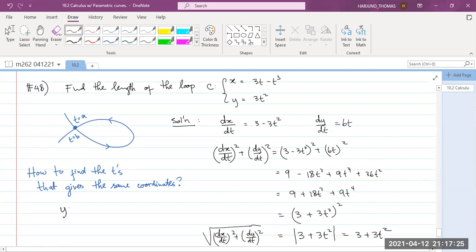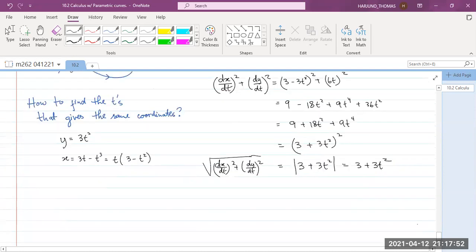So y equals 3t squared, that's an even function. For x, 3t minus t cubed, let me factor the t out. Okay, I see what happened. So t equals plus or minus square root of 3. That will give us x equals 0.